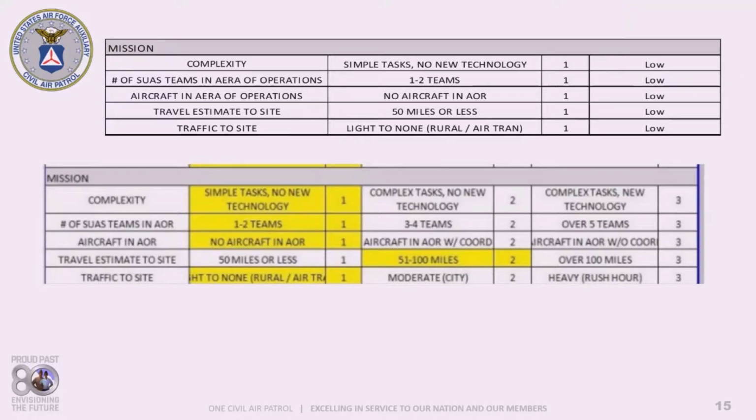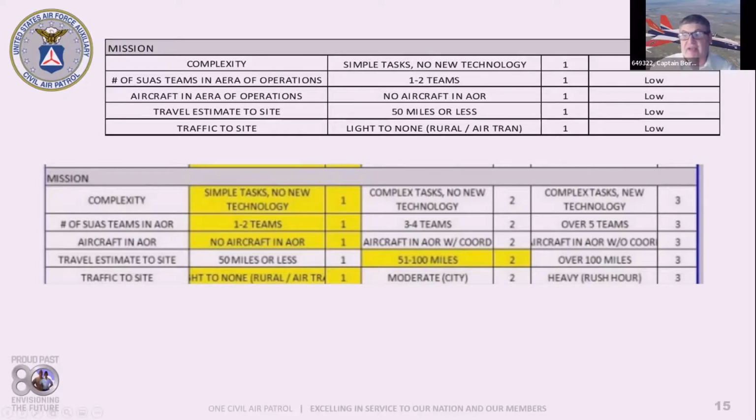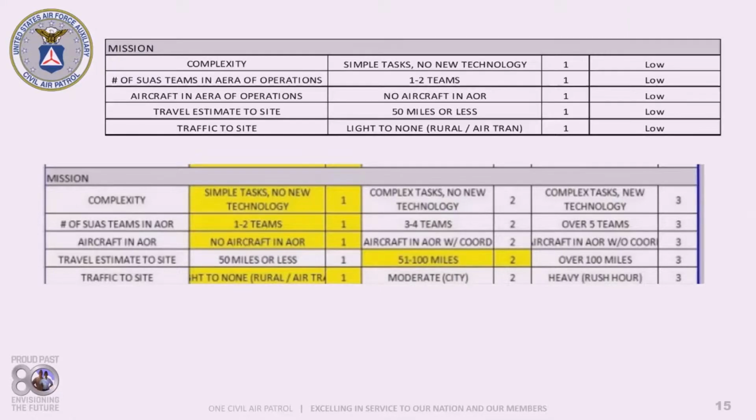If we're talking from a CAP perspective, and we're going to have SUASs and our manned aircraft in the air, then we're probably going to be scoring ourselves as a 2 with aircraft in the area with coordination. And again, just because we're supposed to fly lower than 400 feet doesn't necessarily mean that, due to factors maybe out of our control, we might not be flying higher.